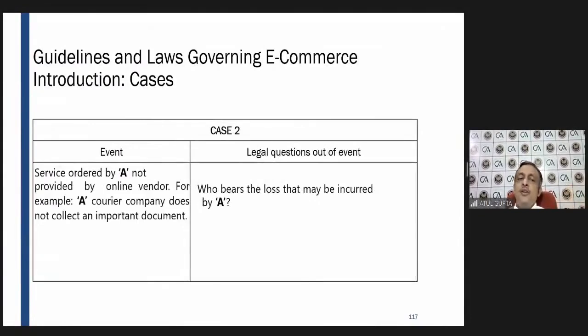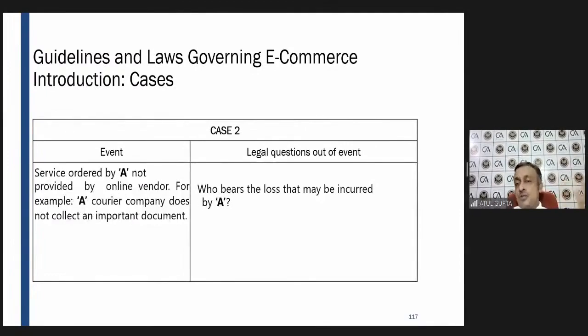Service ordered by A, not provided by the vendor. Like you can pre-book; for big corporates, they have an understanding with the courier company. The courier person comes daily in the morning and the evening to deliver and collect couriers. Suppose one day there is an important courier to be delivered to a customer or vendor of the company, and the courier person doesn't come.